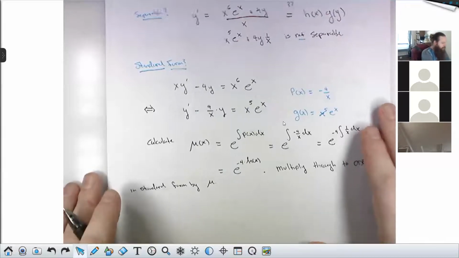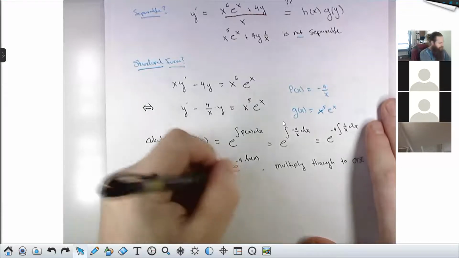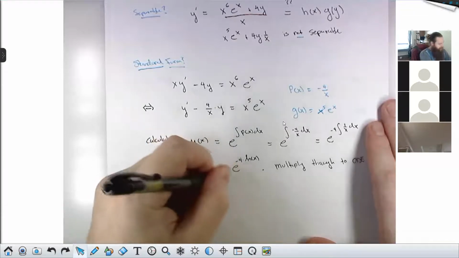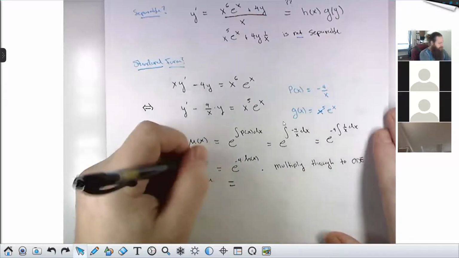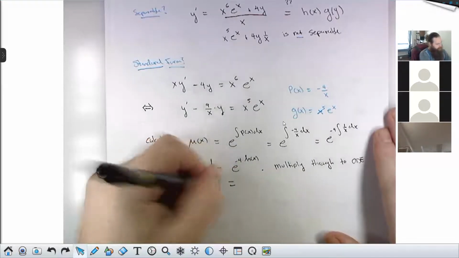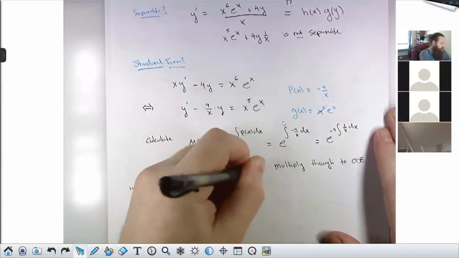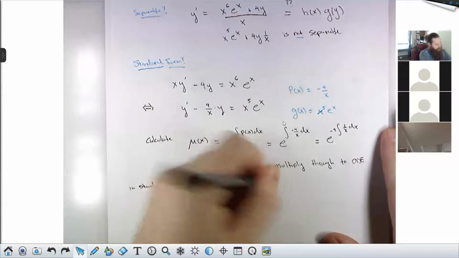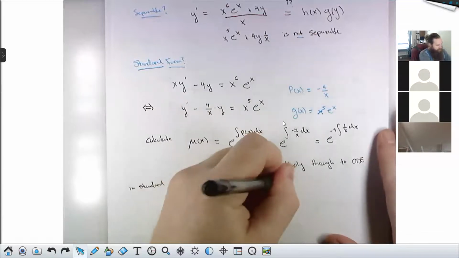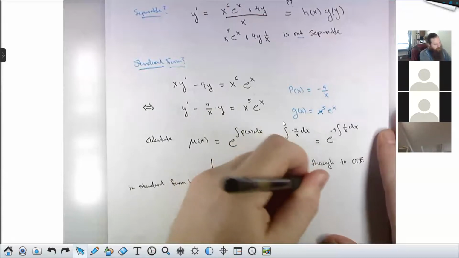So, sorry, one more thing. What is this equal to? Nobody would leave that written like this. This is 1 over x to the 4th. Yeah, very good. We bring the 4 inside. This is e raised to the ln of x to the negative 4, which is just x to the negative 4, 1 over x to the 4.